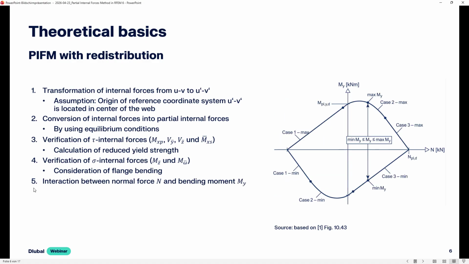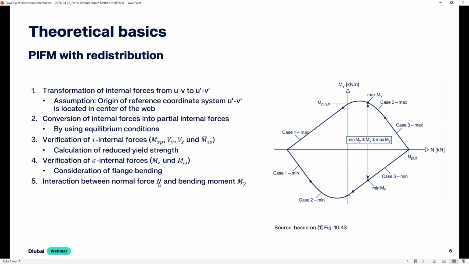And this last step would be the interaction between normal force N and bending moment My. These two internal forces are still missing from the steps before. And the reason why we cannot consider them together in step 4 is that these two internal forces also lead to normal stresses.